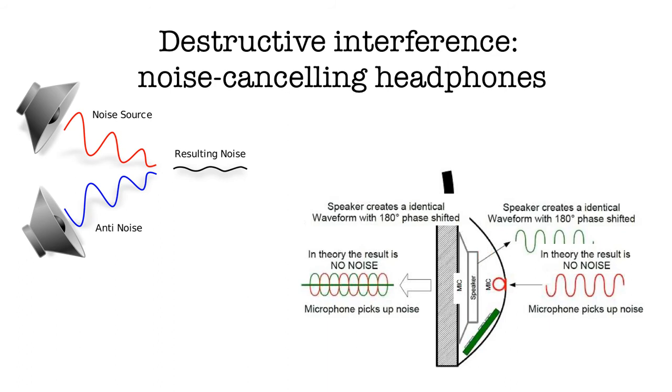A technical term for this is 180-degree phase shift. That means just shifting the signal by half of a cycle. And in doing so, you have red and green signals that are essentially perfect versions of each other, but one is minus the other, such that when you add them together, you get a flat line signal, which is quiet in the context of sound.